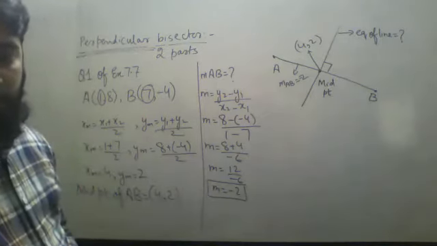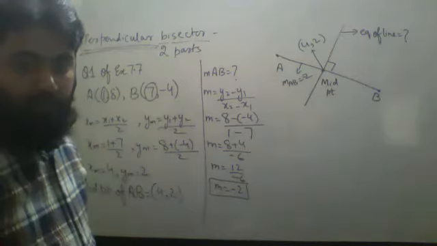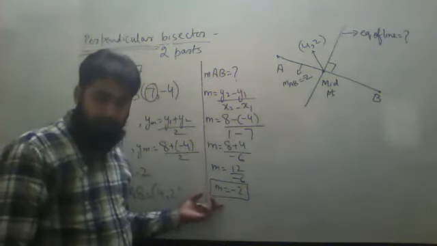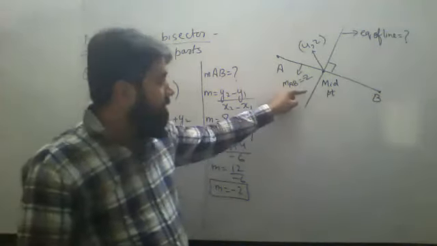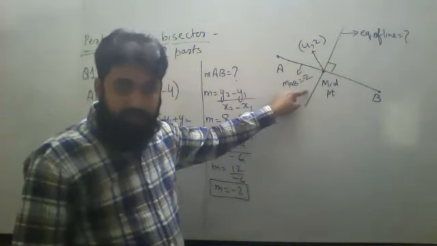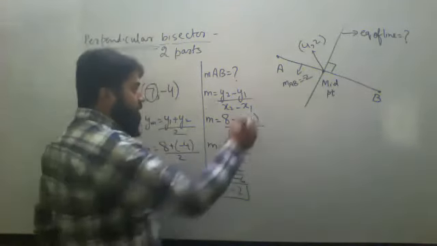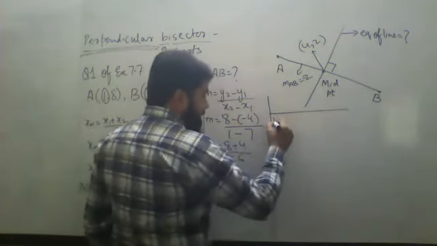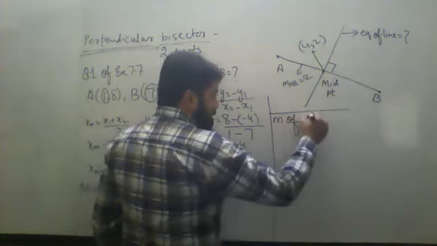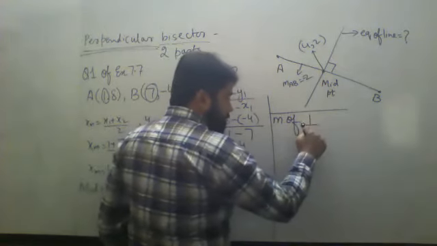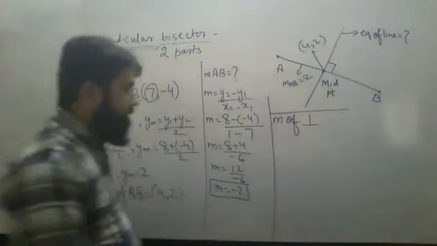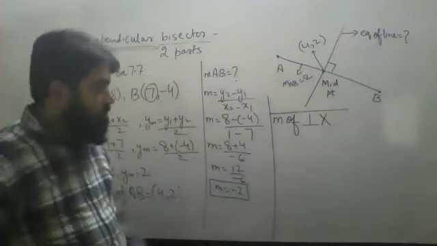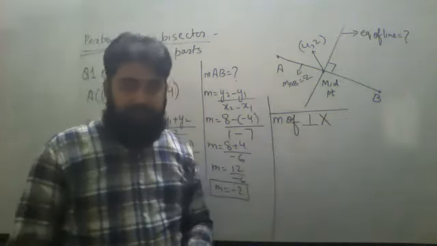Now I have got m equals minus 2 and I have to find the gradient of this perpendicular bisector. What will be the gradient of the perpendicular bisector?